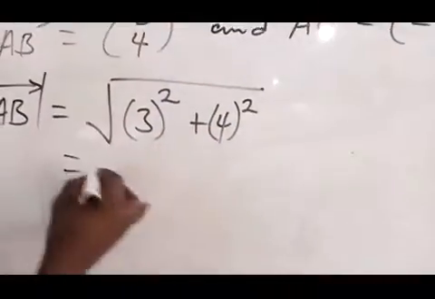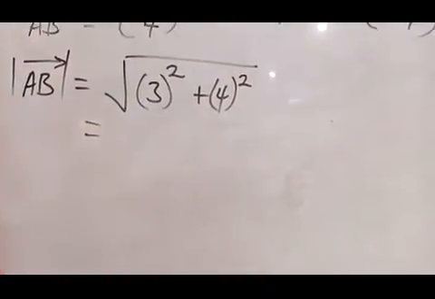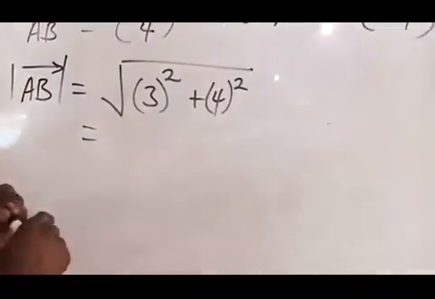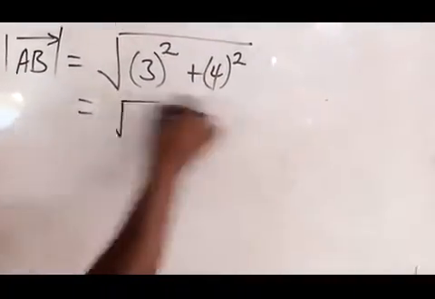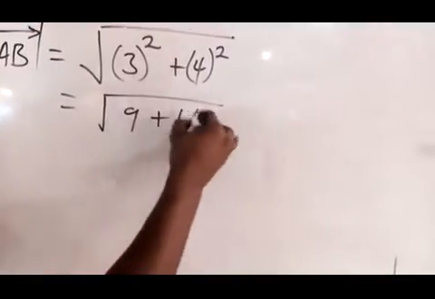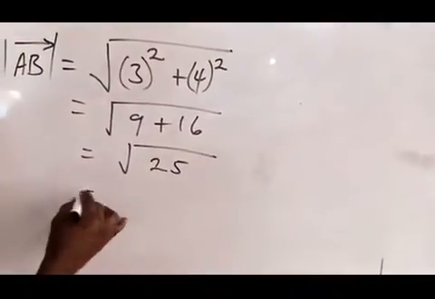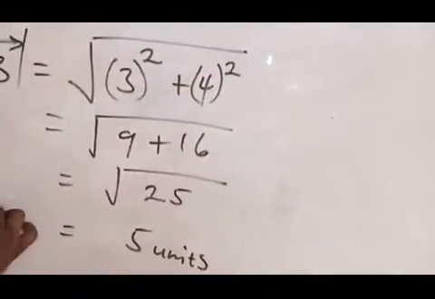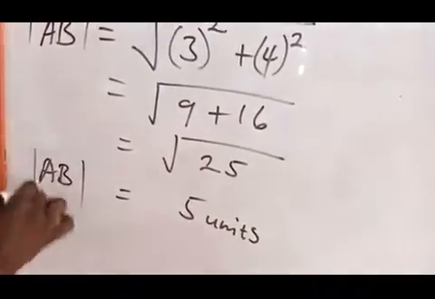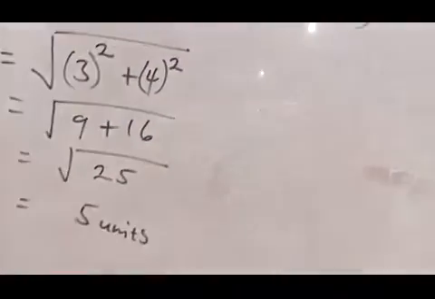Now I bring the bracket because not all the time that you have positive. Sometimes you have negative. So when you bring the bracket, it makes it perfect. Now this becomes square root of 9 plus 16, which is square root of 25, and that is equal to 5 units. So the modulus of AB is 5 units.